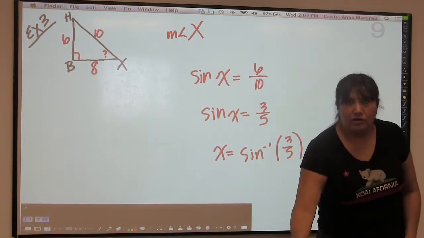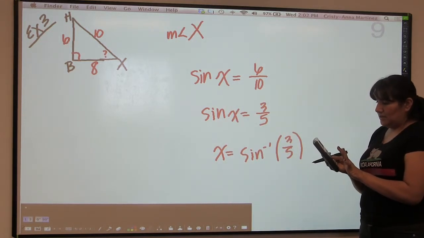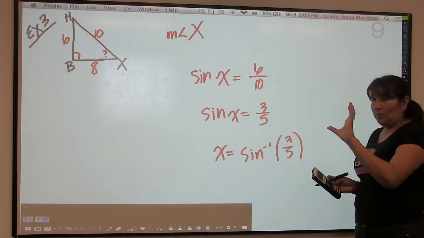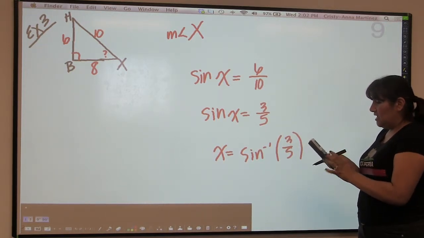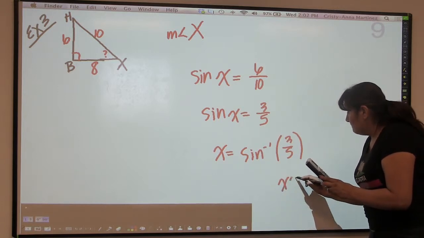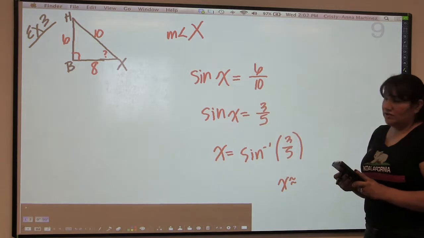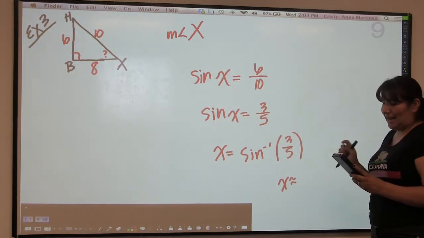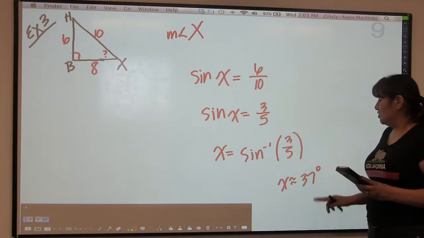So when you go to your calculator, you have to go second first, hit the sine button, and then a parenthesis will open up if you're doing this with me, and you put 3 divided by 5, close parenthesis, and you will get that x is approximately, I think it wants us to round to the nearest degree. So to the nearest degree, if it's 36.8, it's going to be 37 degrees. So angle x is 37 degrees.